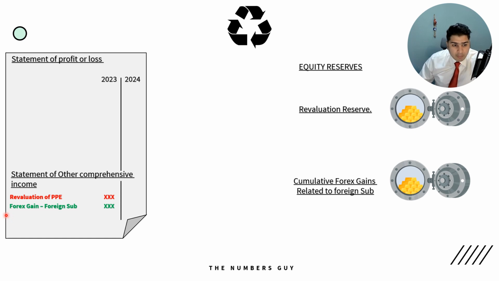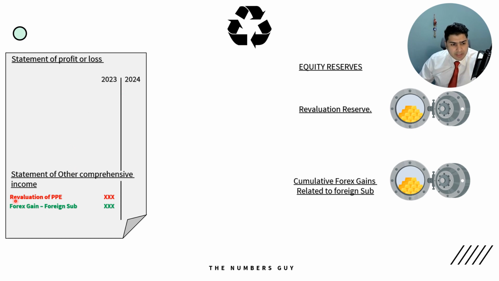And for example, talking about the forex gains or cumulative gains or losses that you've had on the translation of the foreign subsidiary, they would also have a separate reserve in the equity section. Now what happens is the balances of these reserves in some cases can be shown back in the P&L.